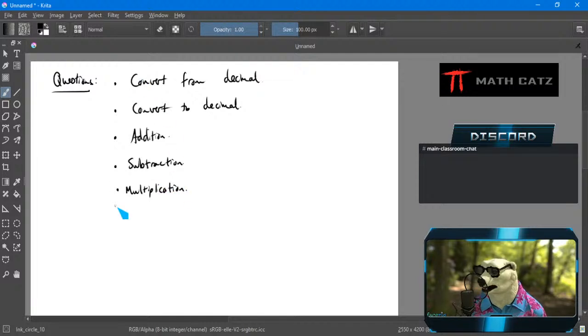These are the only 5 things we have done over and over and over for different number systems.